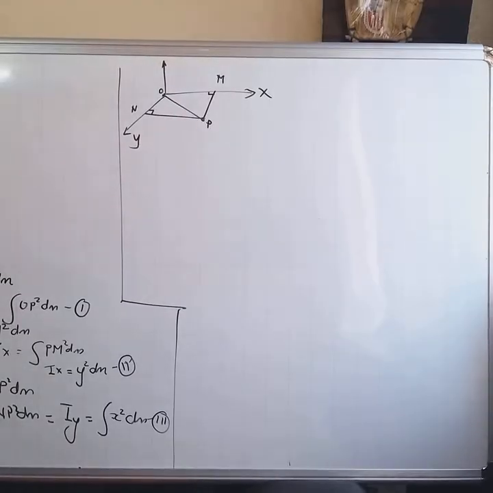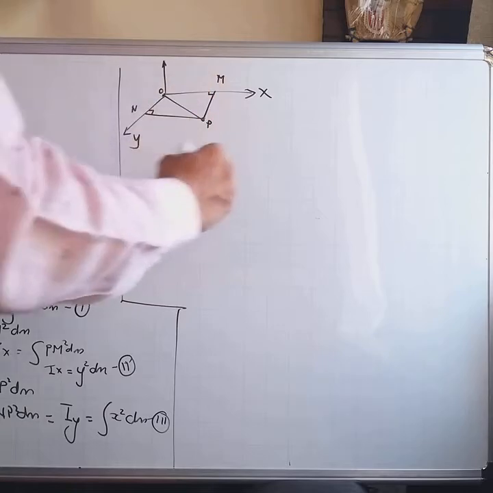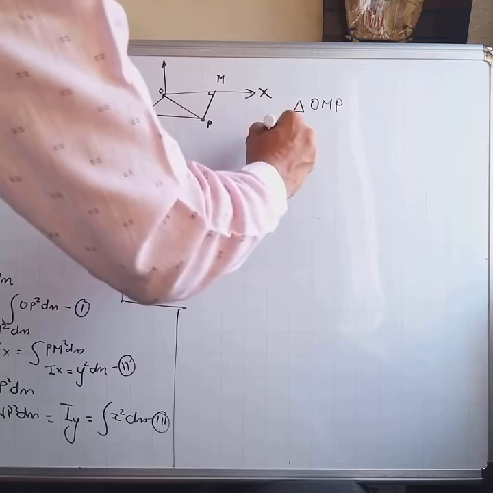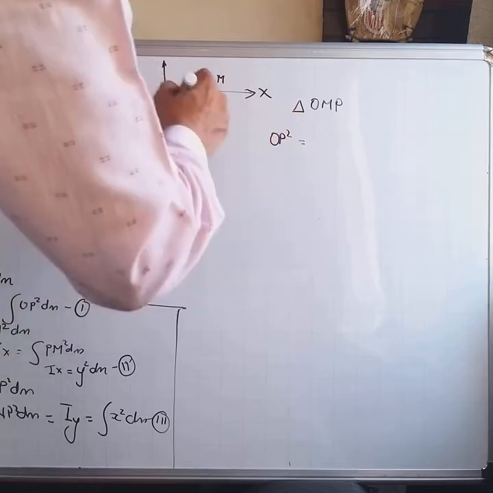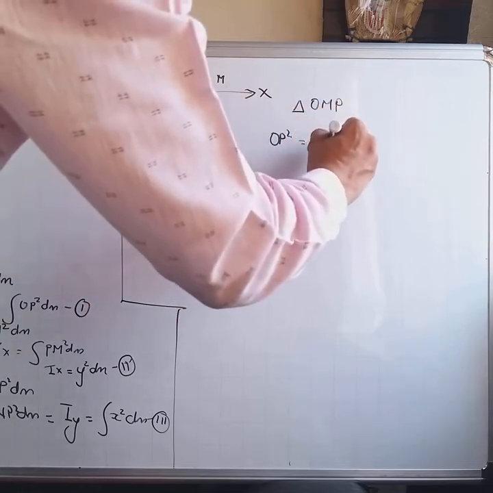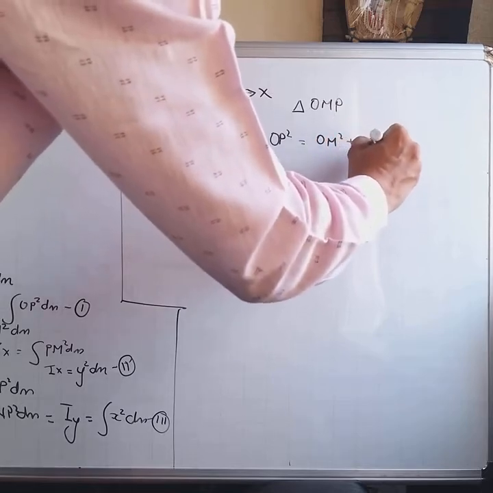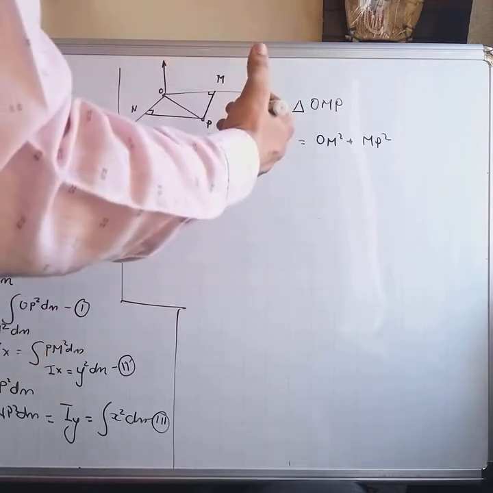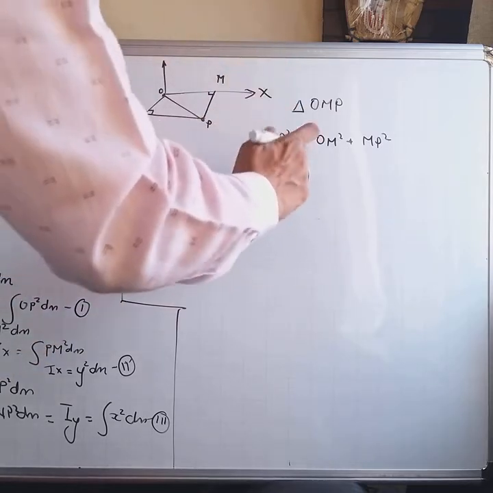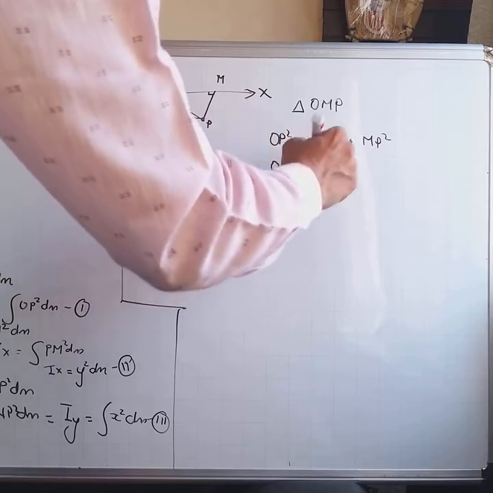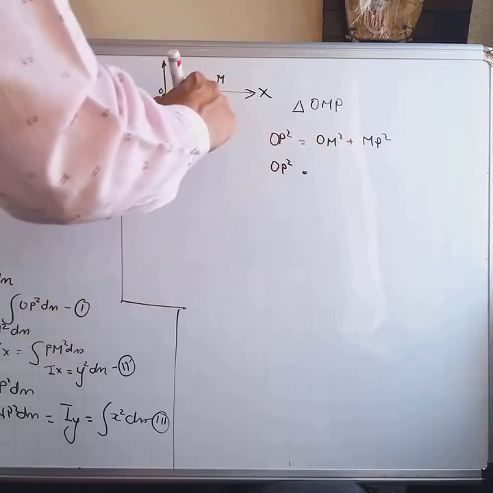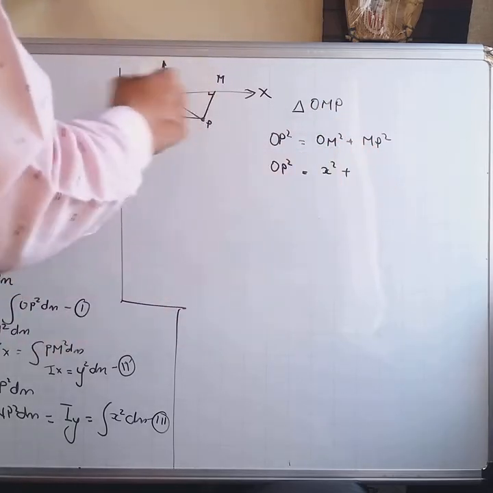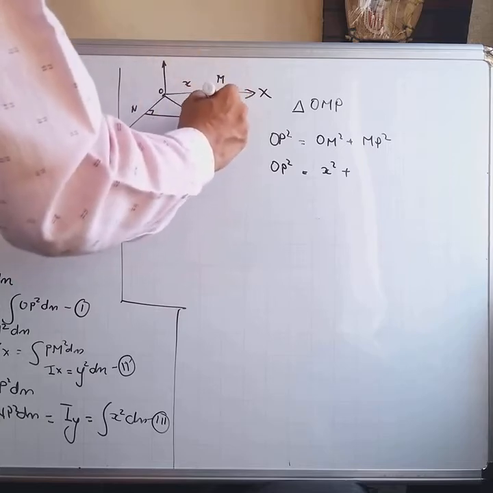Now, from the geometry of the figure, in triangle OMP, using the Pythagoras theorem, I'll write OP square equal to OM square plus MP square, correct? According to the geometry, OM is x and MP is y.